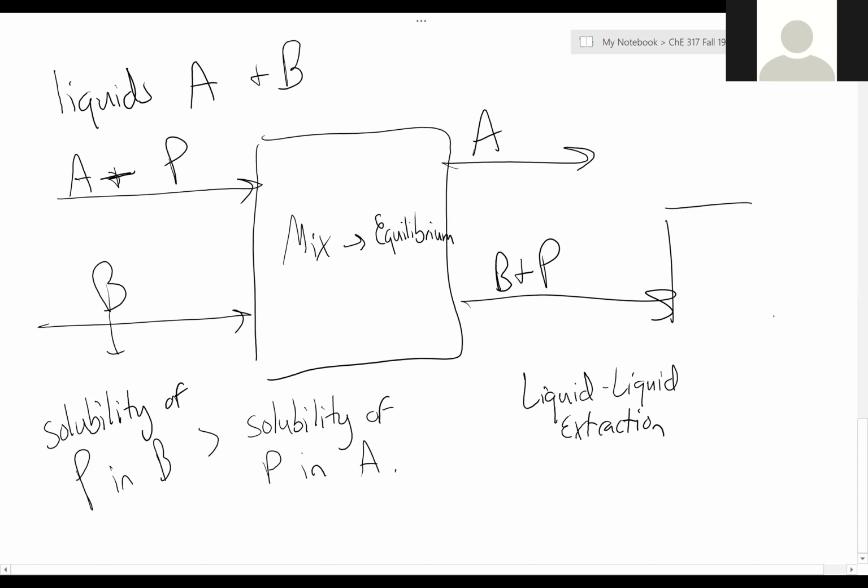And so then what we could look at is doing some sort of flash, raise the temperature of the system to separate the B from the product without too much of an energy input.